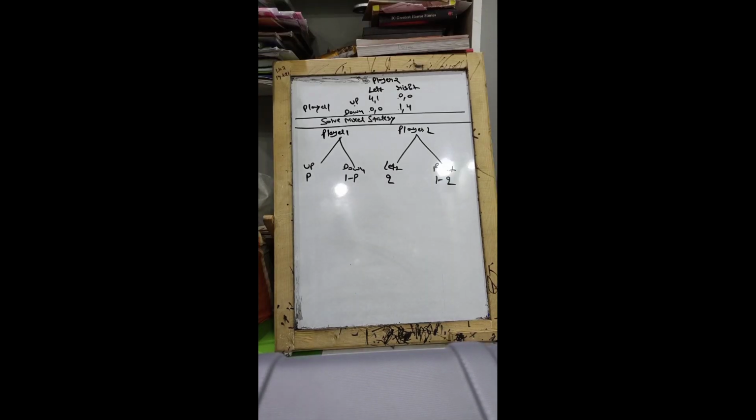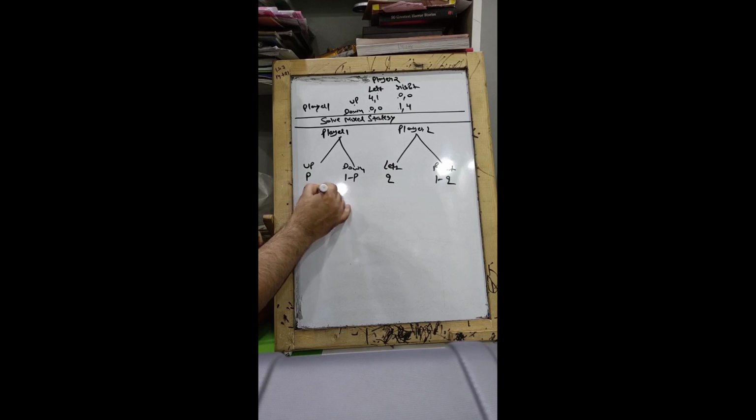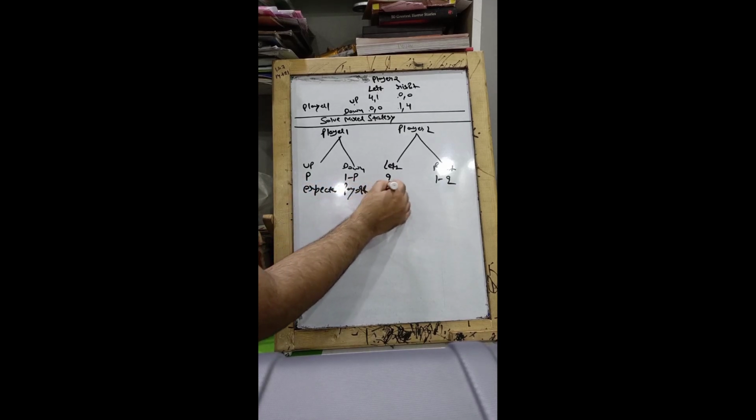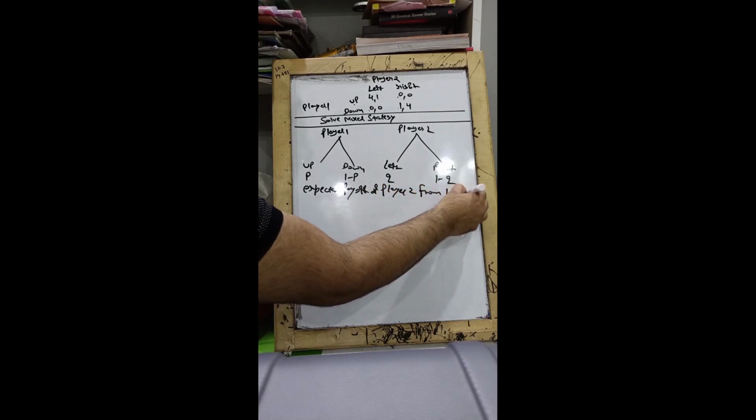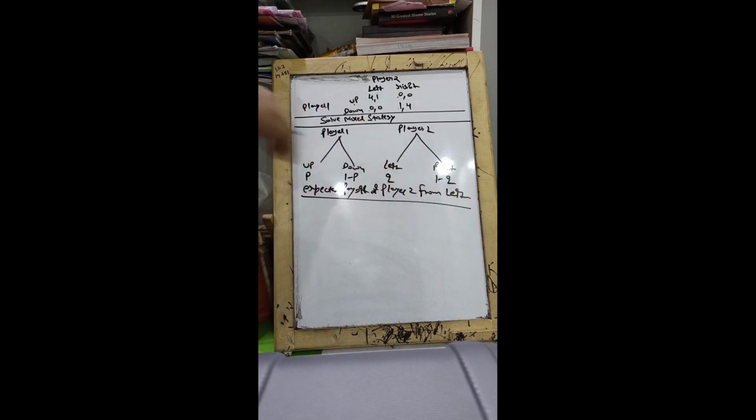Now guys, we should be solving the same thing, but this time from the point of view of player 2. So I'm writing expected payoff of player 2 from going left. Now don't you think his expected payoff from going left shall depend upon what player 1 does. So suppose player 1 goes up, the probability of which is p.